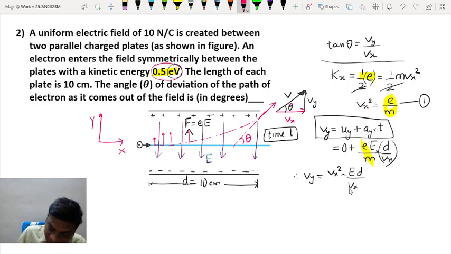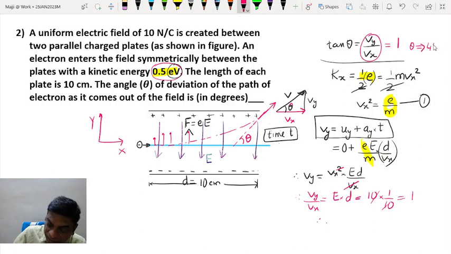So Vx gets cancelled and we are left with Vy by Vx is equal to E into d. So what is E? E is 10 Newton per Coulomb. Distance is 10 centimeter, to be converted into meter. So this is coming out to be 1. So theta is 45 degree. This implies theta is 45 degrees. So 45 degree is the correct answer.